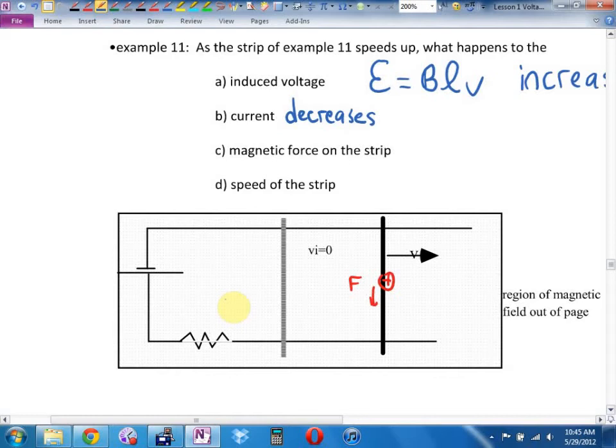What happens to the magnetic force on the strip? Well, if the current gets smaller, what happens to the force? What happens to the speed then if the force gets smaller?